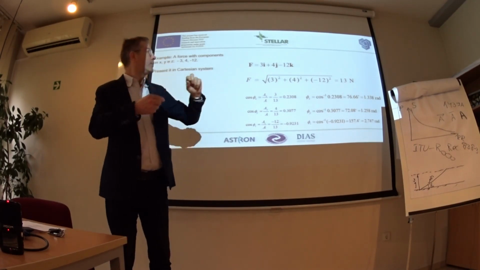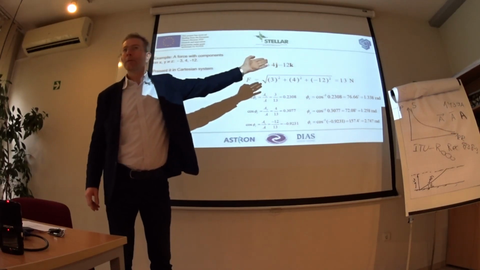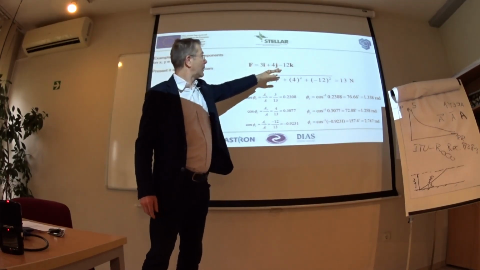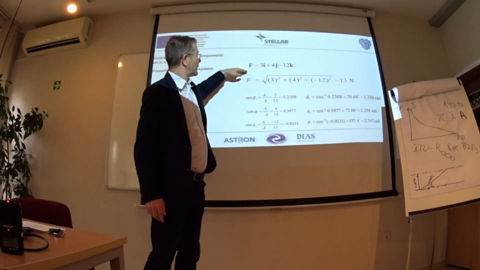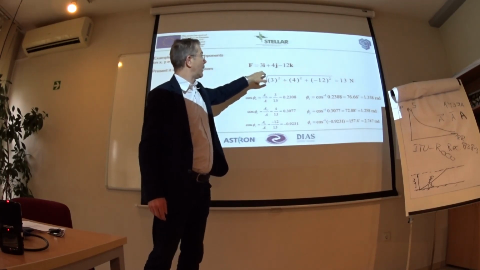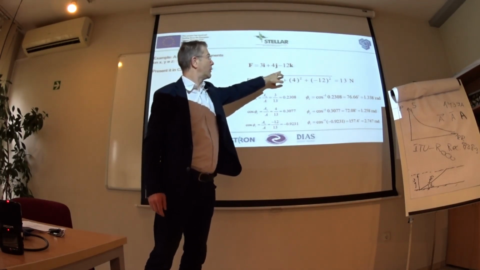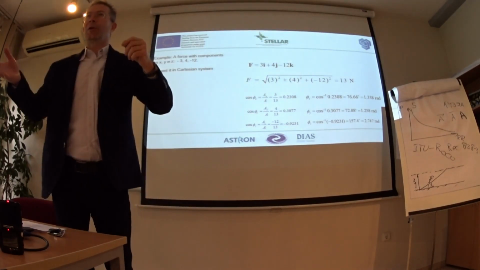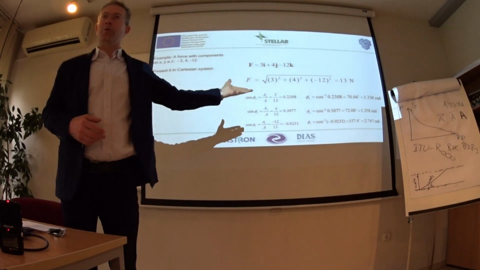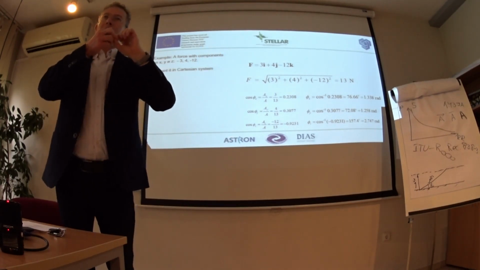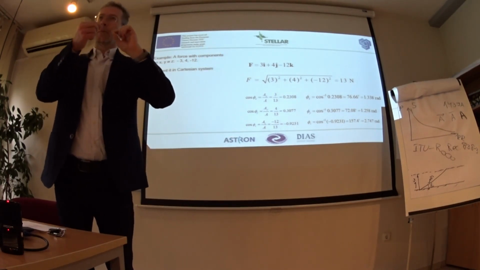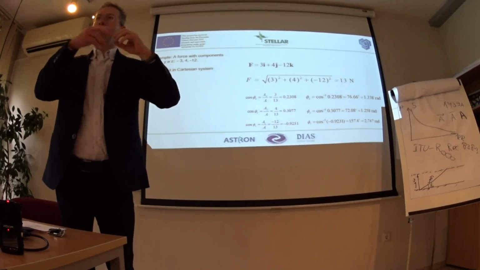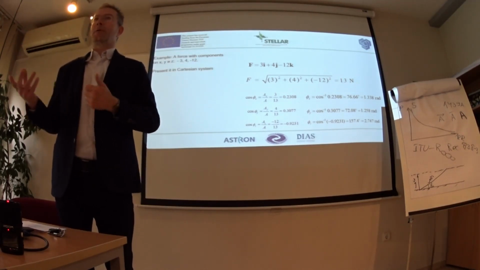Zero, yes. And this is easily proven if you add force minus F, which will be minus 3i, minus 4j, and plus 12k. They will cancel each other, and this is the mathematical proof that forces can cancel each other.